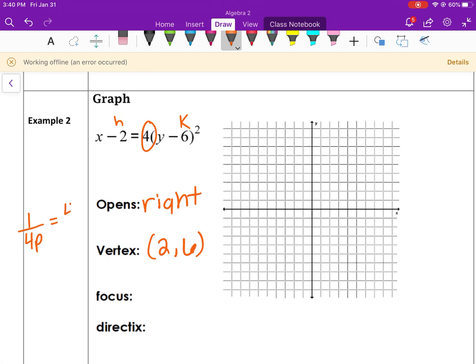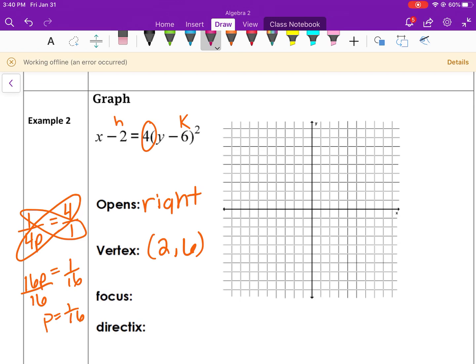So 1 over 4p equals 4. To solve for p, you're going to have to cross multiply, which means you'll put the 4 over 1. The cross products are equal when you cross multiply. So 4p times 4 is 16p, and 1 times 1 is 1. Then finish solving for p by dividing both sides by 16, so p equals 1/16.